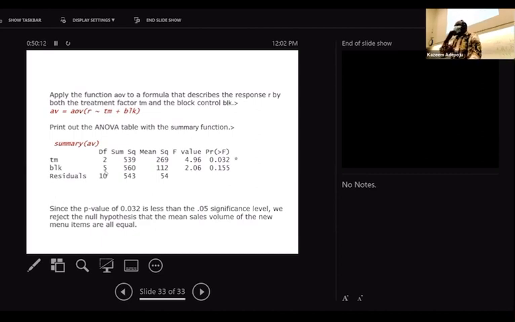The items are significantly different because the p-value of 0.032 is less than the 0.05 level of significance. But what is it telling us about block? The blocking effect is not significant. You know what that means? There is no significant difference in the franchises. That is what it's telling us. End of story.